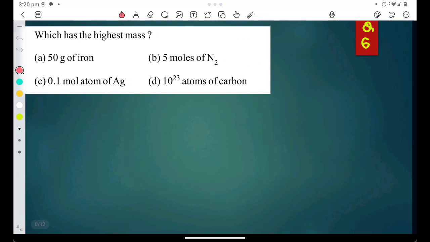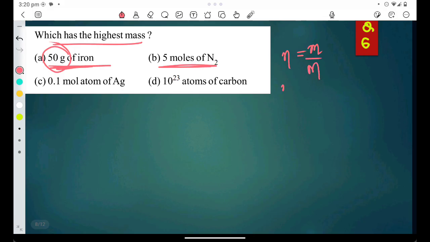So moving to the next question, the question asks which has the highest mass. So 50 gram of iron, so mass is already given, 50 gram. Now this 5 mole of N2. So we know the formula is moles is equal to given mass in gram by the molar mass. So mass is going to be moles times molar mass. How much moles is given? 5 mole.